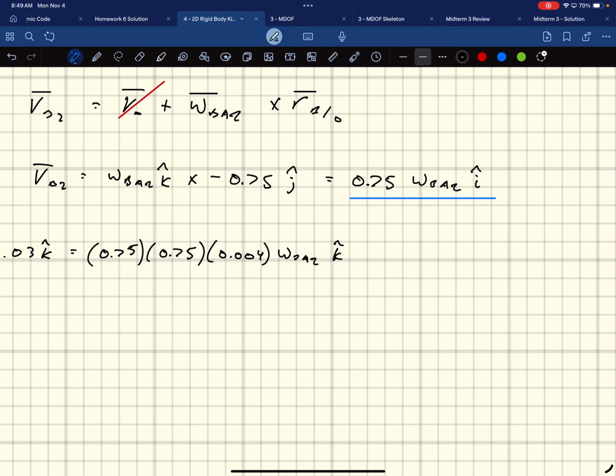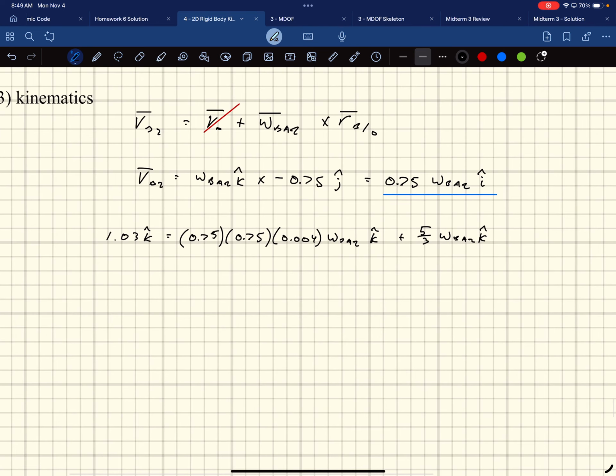That's the angular momentum of the projectile after the collision, plus 5/3 omega bar in the k. Okay, and then what we're after is omega bar.